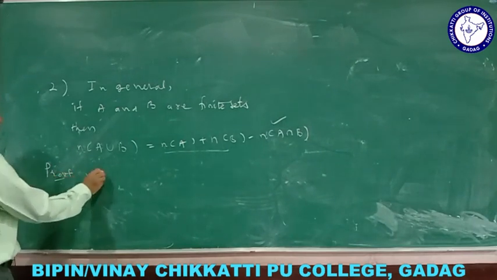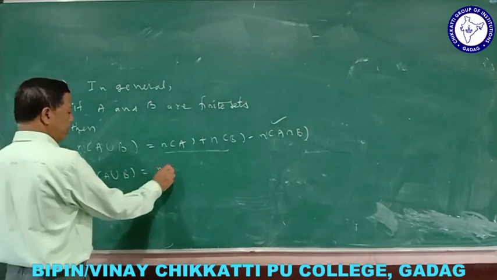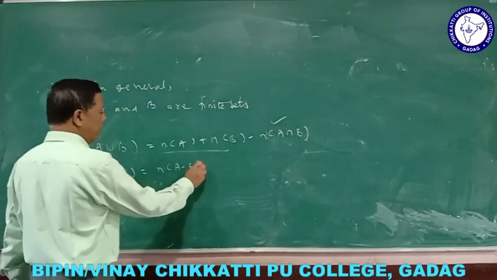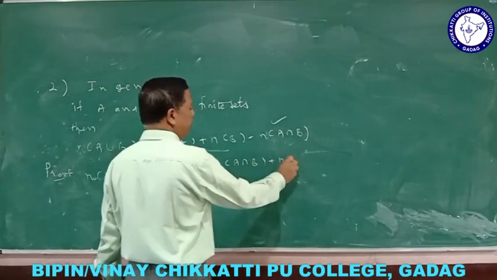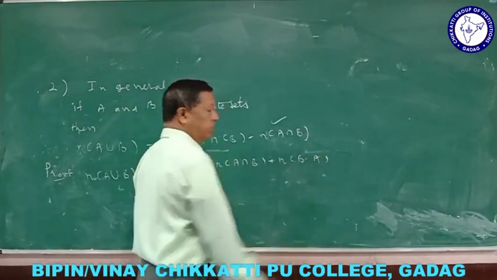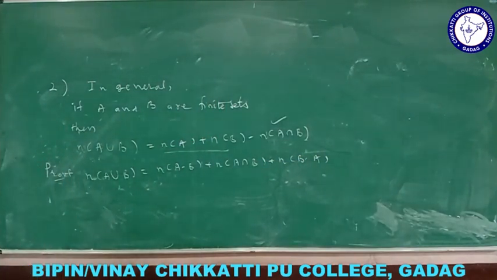As we already understood, A union B is equal to n(A minus B) plus n(A intersection B) plus n(B minus A), because A minus B, A intersection B, and B minus A are definitely disjoint sets.